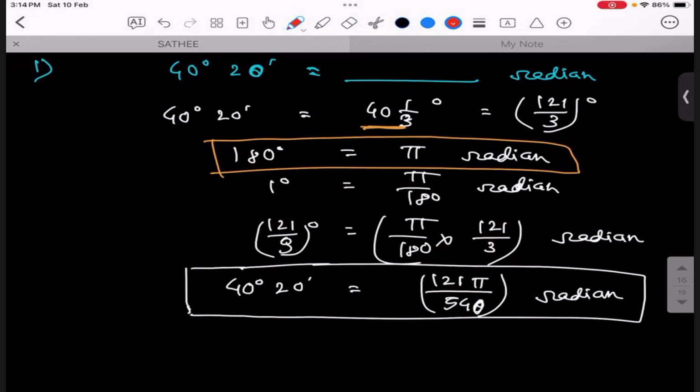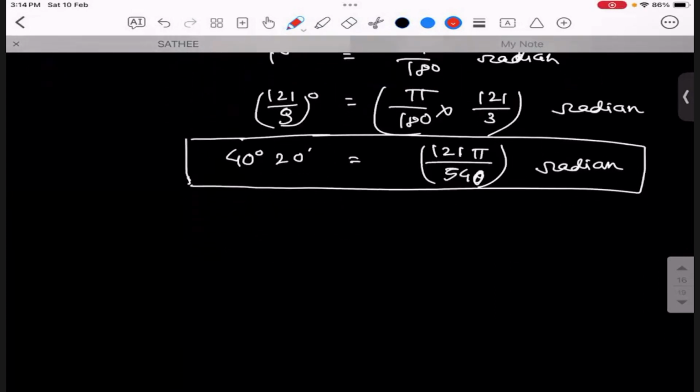Thus one can convert from degree and minute to degree only or minute only. We usually convert the measure in minutes into degrees using fractions so that the work becomes easy.